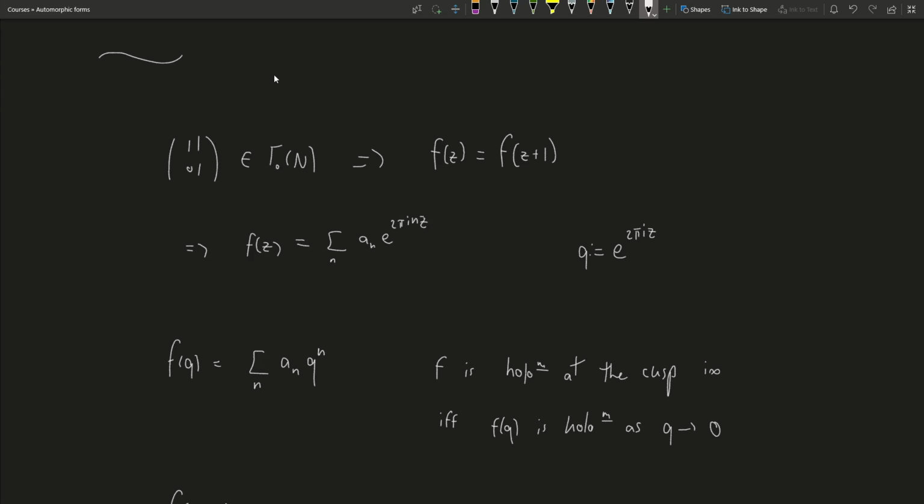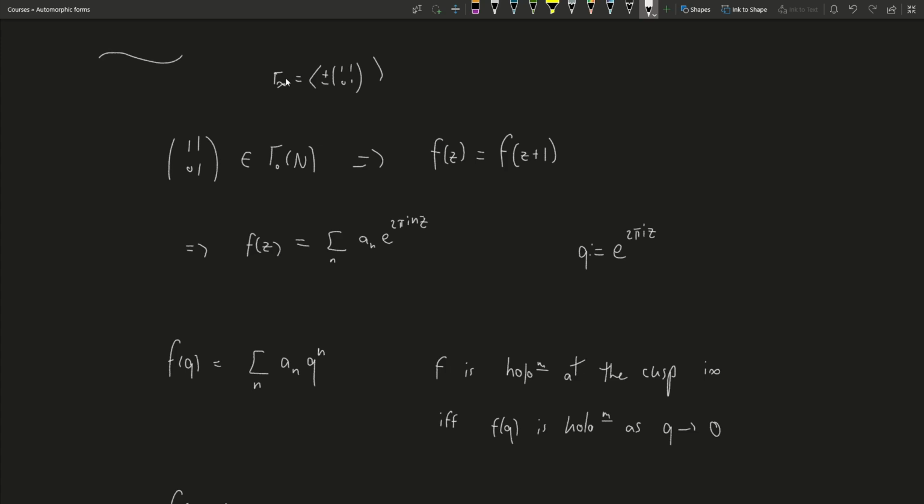The subgroup gamma infinity is the subgroup generated by this matrix. And we also had other subgroups. Again, here I should maybe say that you have a plus minus if you're working over SL2Z and not PSL2Z.